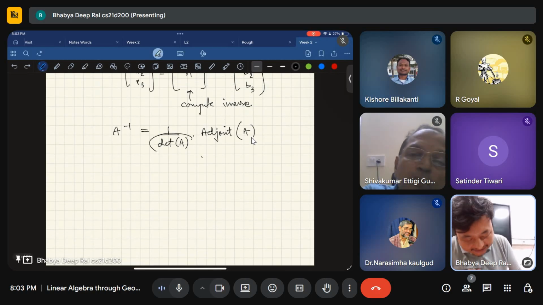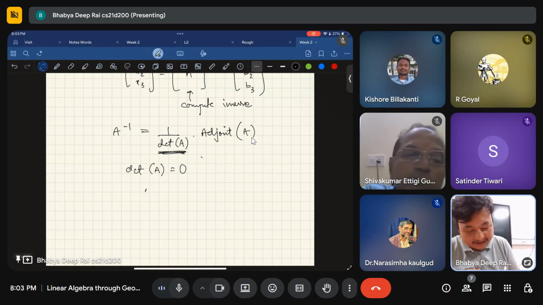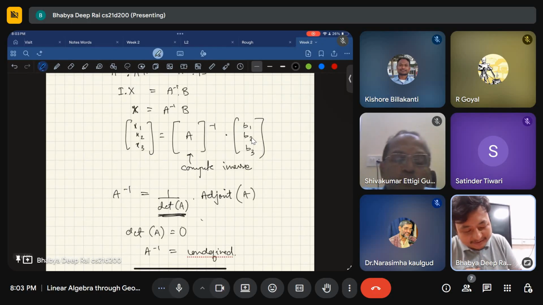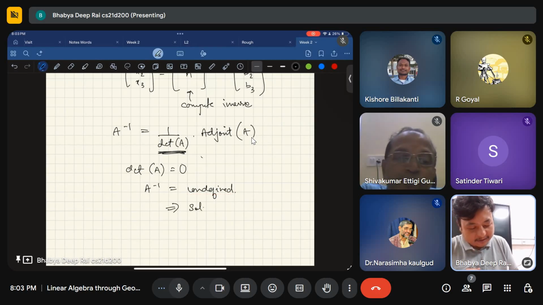But this is the term of interest, determinant of A. Now notice what happens if determinant of A is 0. Then A inverse will be undefined. So it means that the solution itself does not exist. This means that solution does not exist, if the determinant is 0.